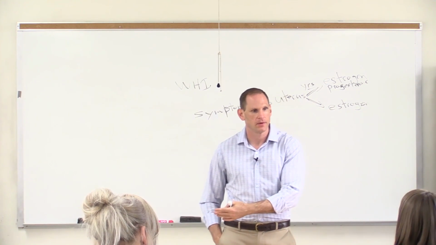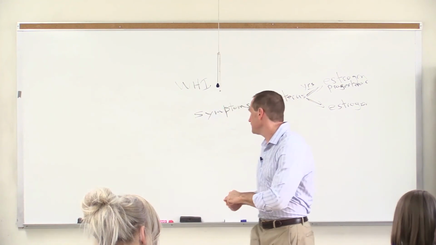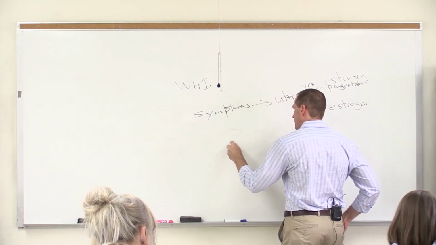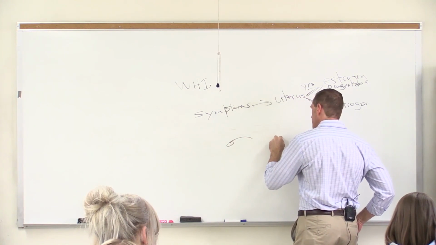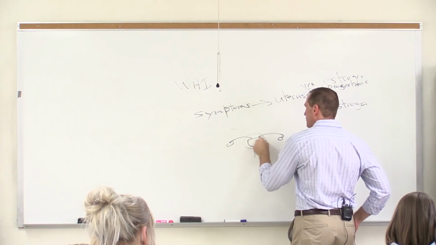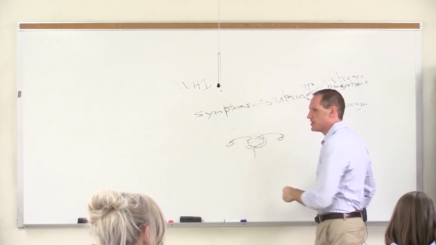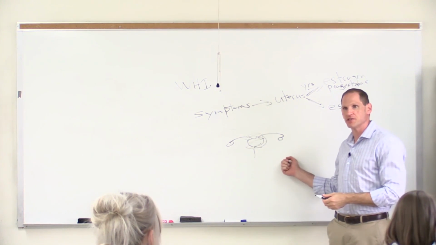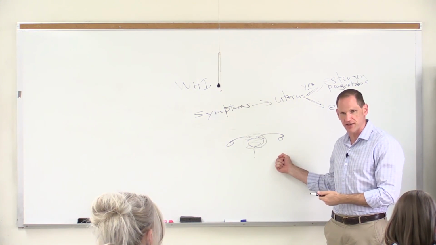Wait, can you explain it one more time? So, all right, you've got ovaries out here, right? And what are the ovaries connected to? To the uterus. So if you remove the uterus, but you leave the ovaries there, you would think, well, the ovaries are still going to produce estrogen.